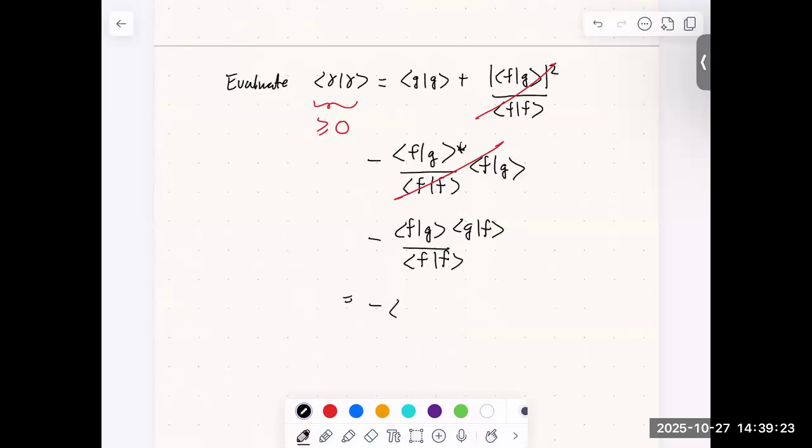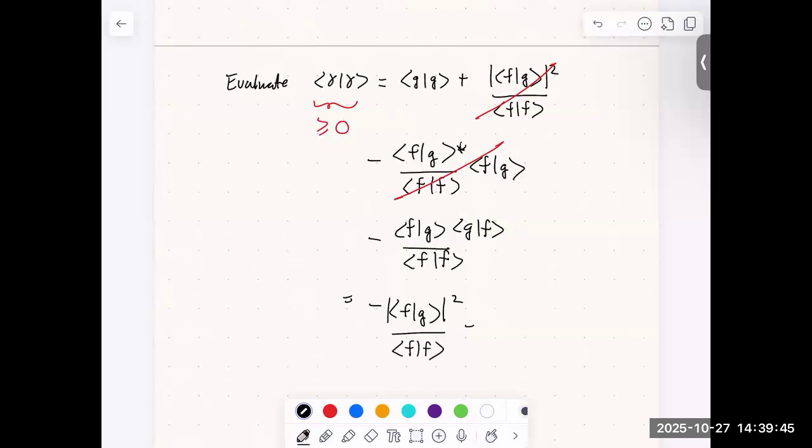minus the inner product of f and g. But if I invert this one, it's the conjugate of this. And so it's the absolute square of the inner product of f and g, and then it's divided by the inner product of f with f. And that's it.